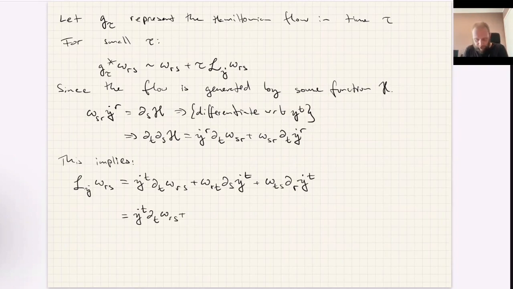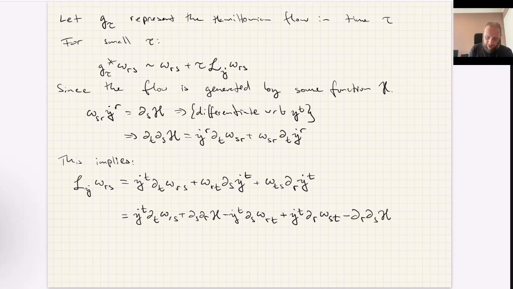The second term turns into d_s d_r acting on the Hamilton function, minus y dot^t d_s omega_rt, plus, and then the third term here, using the same kind of expression there and keeping all the indices correctly in mind, is y dot^t d_r omega_st minus d_r d_s acting on h.